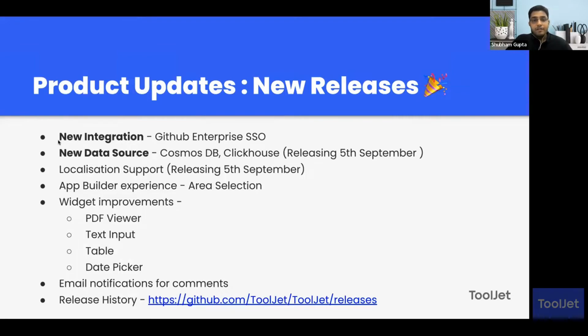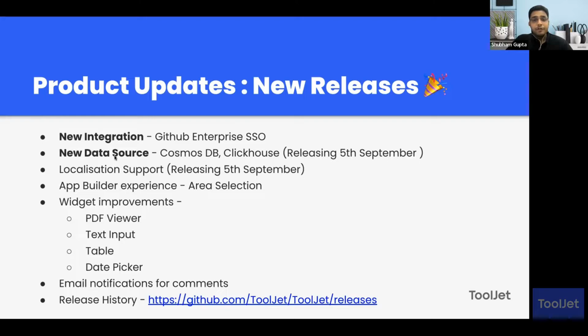We have recently released this new integration, which is GitHub Enterprise SSO. Earlier we used to support GitHub SSO, like you can log in with GitHub login on the ToolJet dashboard. But now we have supported the enterprise version also, which was not available earlier, right?